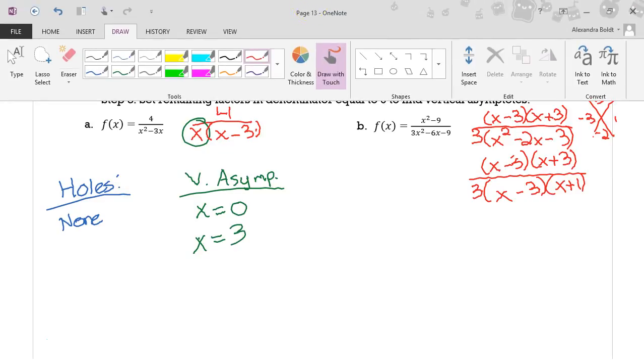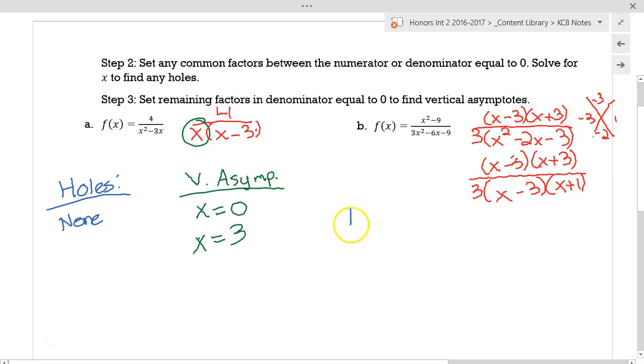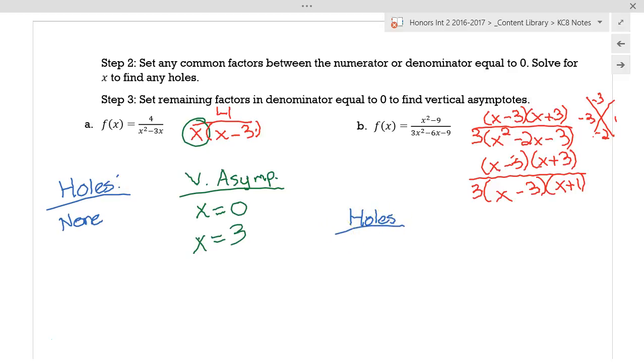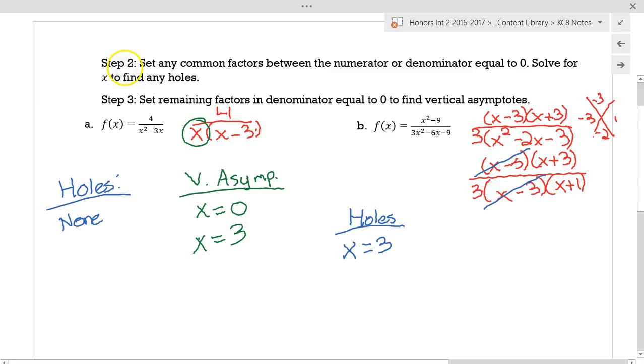The first thing I want to look for is holes. Holes are where you cancel factors out. I can cancel an x minus 3 out of both of these. That's a common factor. If x minus 3 is my factor, then x equals 3 is the hole. And that's the only thing I canceled out.